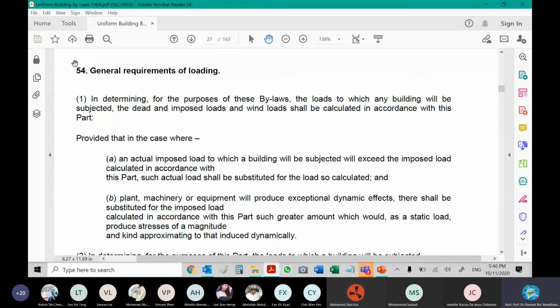Bylaw 54 says general requirements of loading. Number 1: In determining for the purposes of these bylaws the loads to which any building will be subjected, the dead and imposed loads and wind loads shall be calculated in accordance with this part.